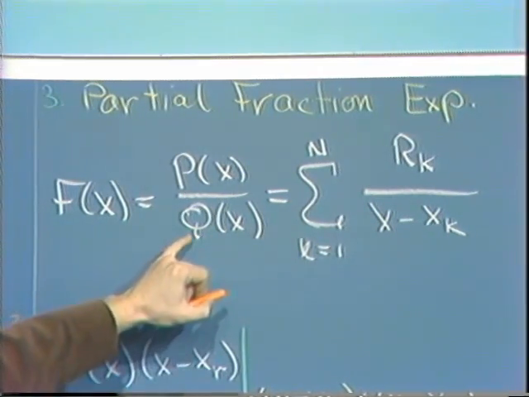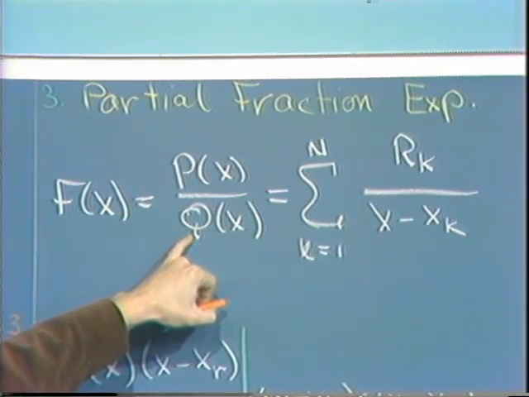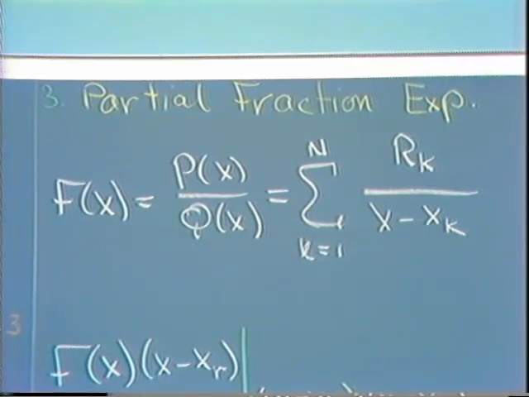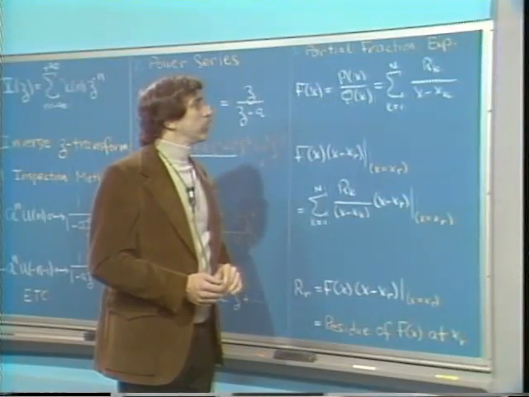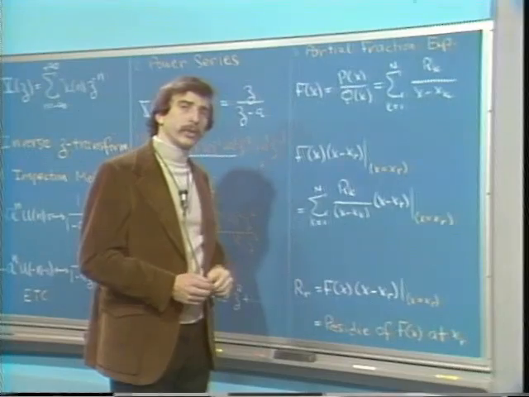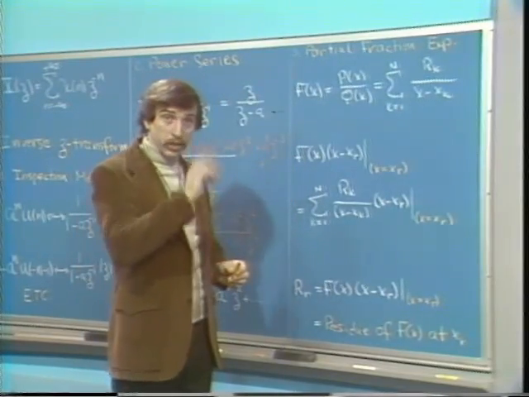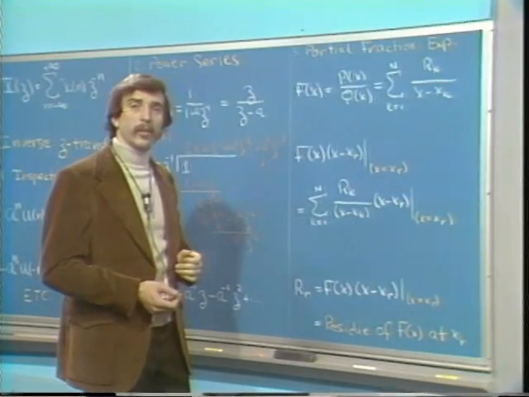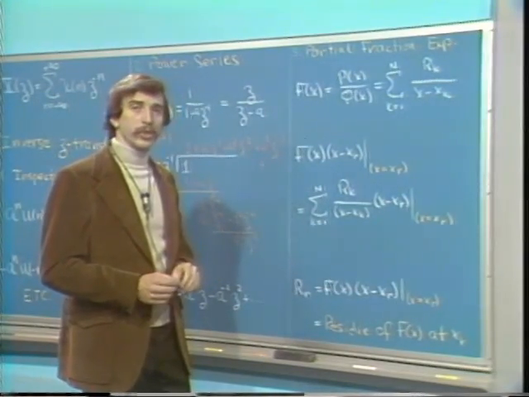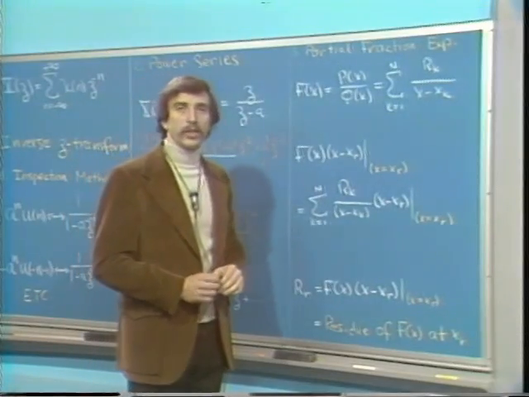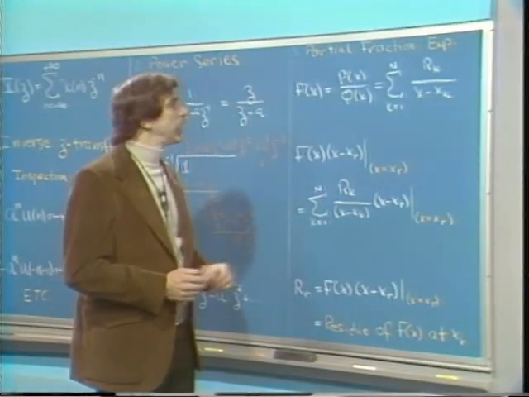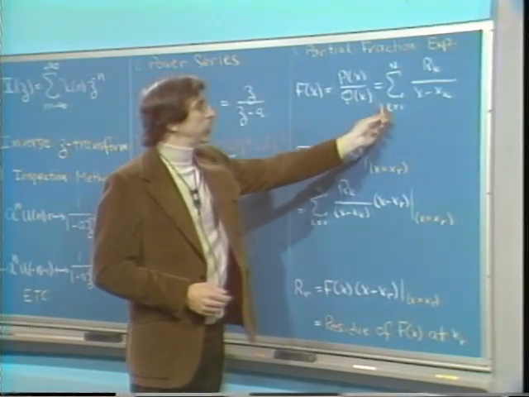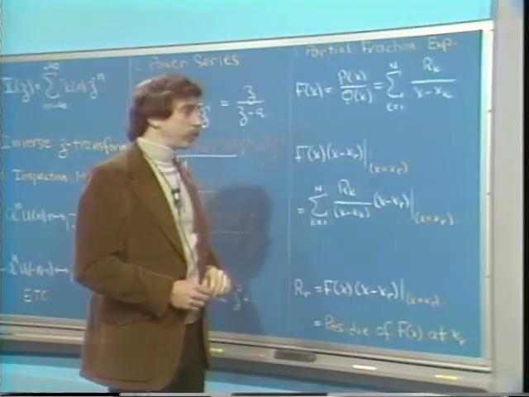In other words, if the denominator polynomial is nth order, then the n roots of the denominator polynomial are distinct. In the text, there is the more general discussion of the partial fraction expansion when the order of the numerator is greater than or equal to the order of the denominator, or if there are multiple order roots. The essential ideas, of course, don't change. It's just the mechanics of implementing the expansion and the form of the expansion. So for this lecture, we'll assume that the expansion simply has terms of this form.